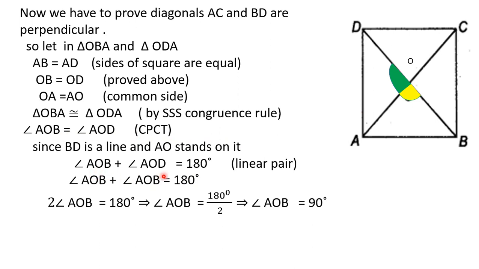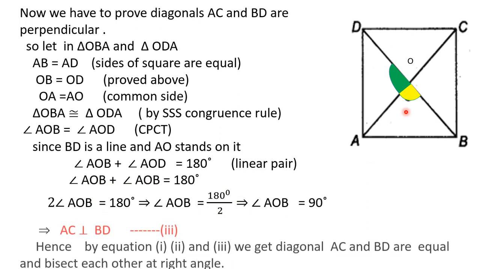So in place of AOD, we can write AOB. So twice of angle AOB is equal to 180 degree. So we get angle AOB is 180 by 2 is 90 degree. So here we are getting the angle AOB is 90 degree. That meaning angle AOD is also 90 degree.